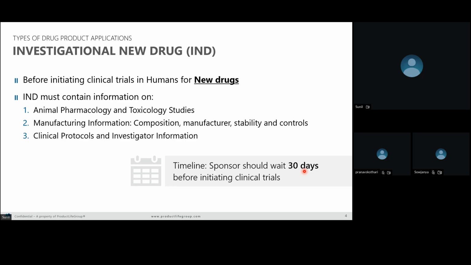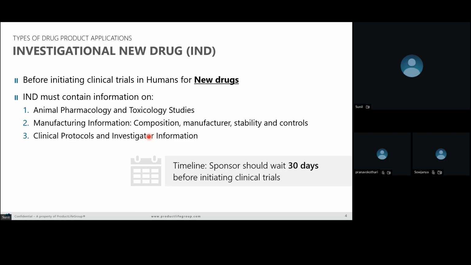But during these 30 days, if FDA asks any deficiency, suppose on 15th August, US FDA sent some query on your data and gave you a timeline of 14 days or 1 month. Suppose they gave 1 month timeline from 15th August to 15th September.